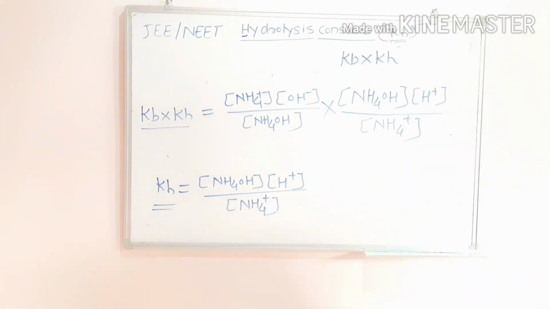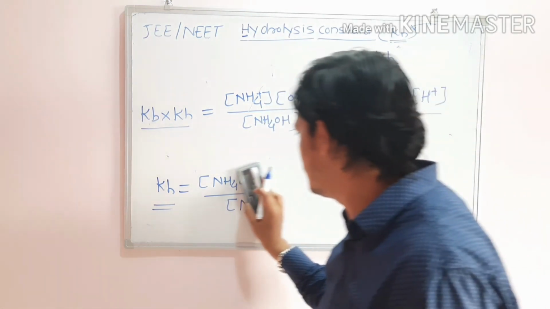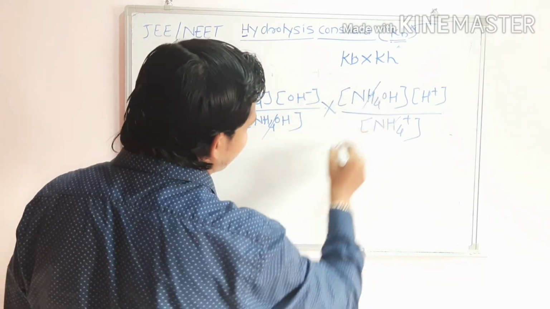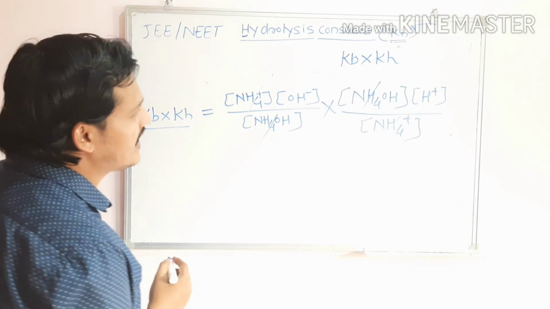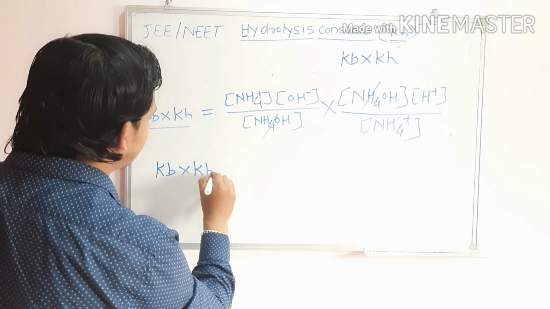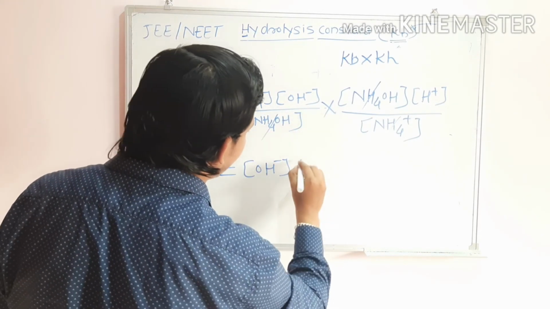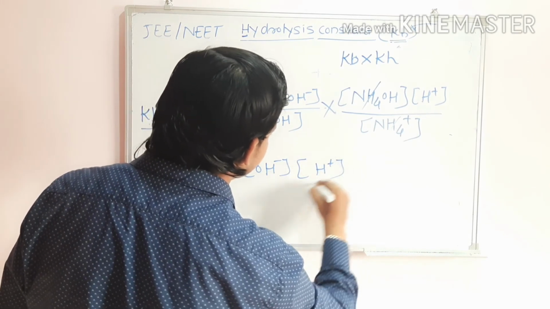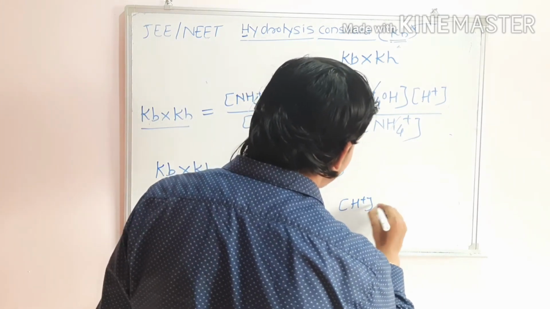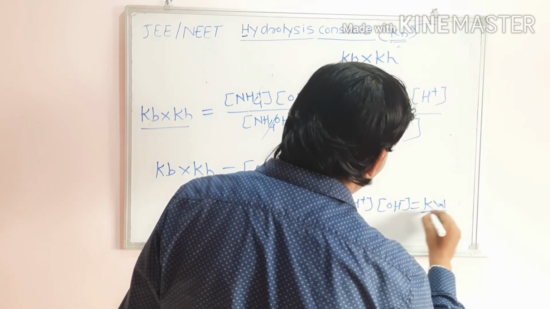See what happens: NH4 plus cancels out with NH4 plus. I was cancelling this, but there is no need, I only wanted it for this purpose. NH4OH cancels out with NH4OH. So see what remains: KB into KH is equal to in bracket OH minus into H plus. And as I said earlier, in bracket H plus and in bracket OH minus is equal to the ionic product of water.